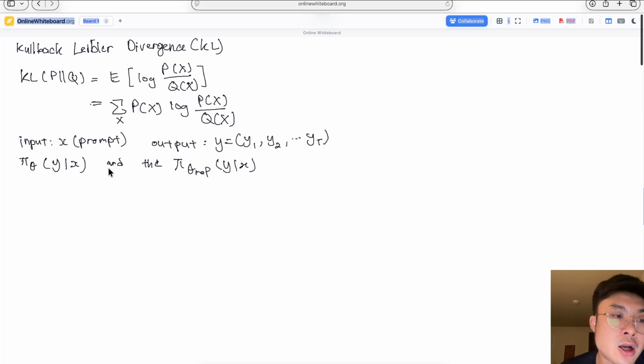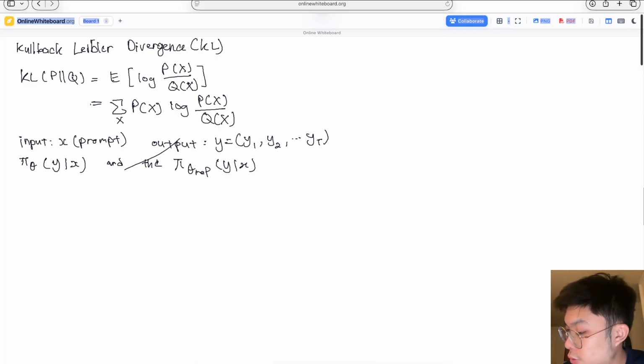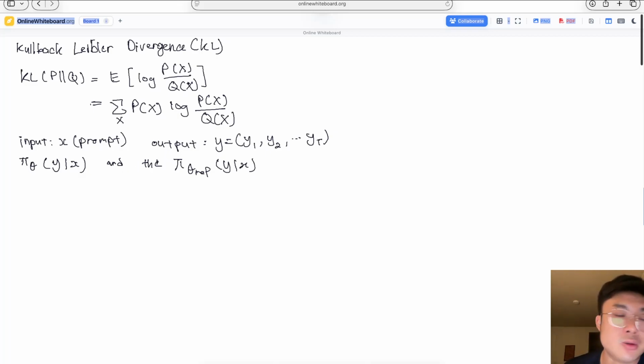We want to measure how much the new policy has deviated from the old policy, and so we can use the KL divergence between the two of them.